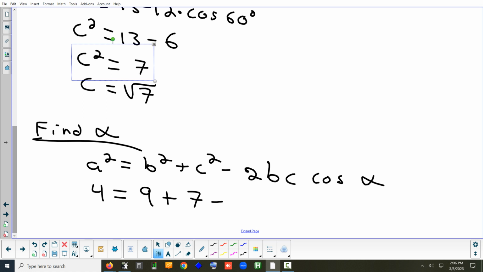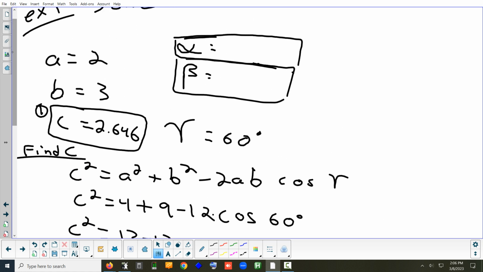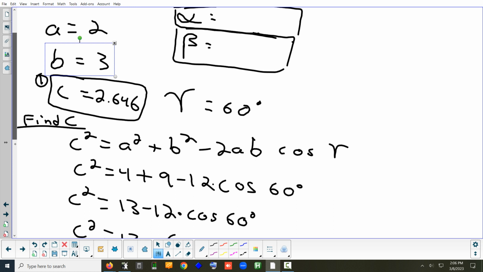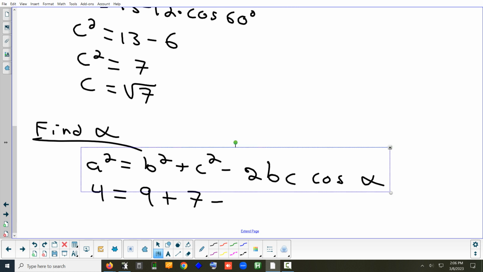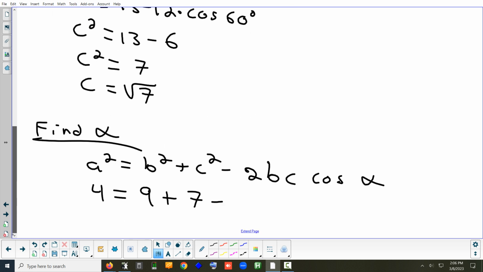Now, I do need a calculator. 2 times b times c. Well, let's start with 2 times b. What's 2 times b? 6 times c. So I need 6 times 2.646. 15.876.